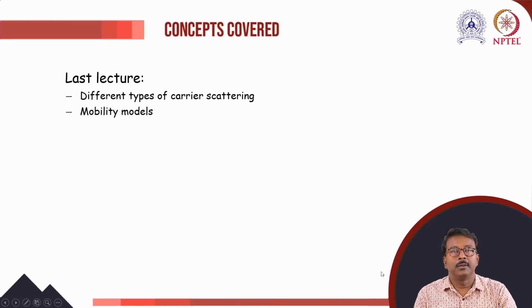In last lecture, we have discussed different types of scattering and the mobility models proposed by different scientists for bulk semiconductor mainly. But in last lecture, we have not discussed the effect of carrier velocity saturation.